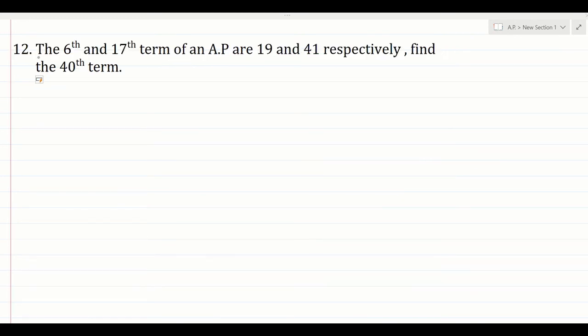Question number 12. The 6th and the 17th term of an AP are 19 and 41 respectively. Find the 40th term. So here we are provided 6th term, that is T6. How much is T6? It is 19. But we know T6 means A plus 5D equal to 19. Isn't this?